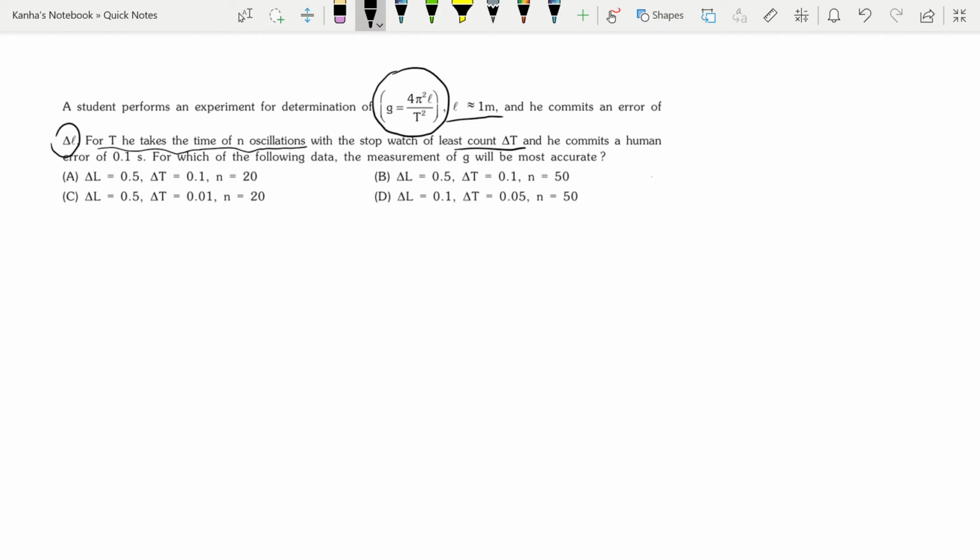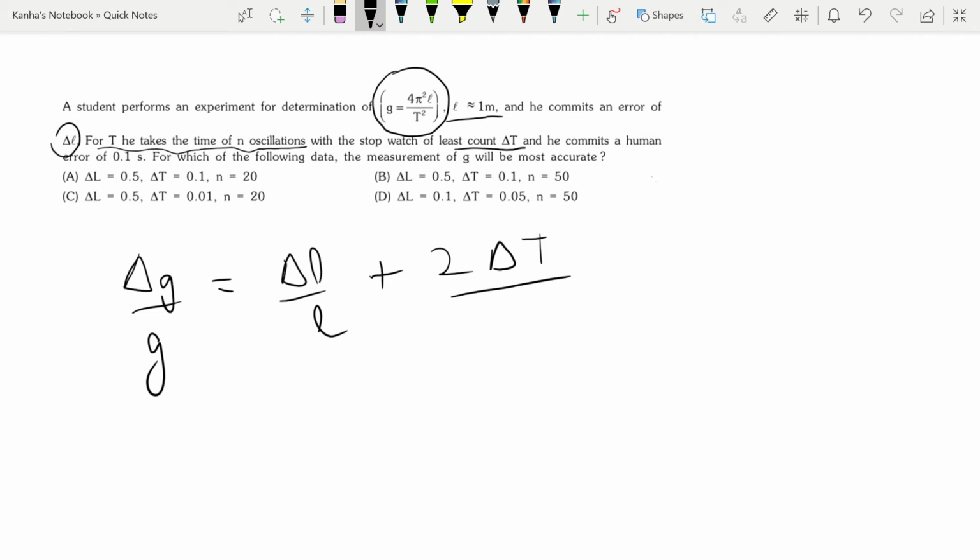Okay, so a normal student will try to apply all the values to the formula and then see which one is giving the most accurate value, but there is a loophole around it, and we will see it here. So let's first write what delta g by g will look like. Delta g by g from the formula will look like delta L by L plus 2 times delta t divided by, now note here that you will have a value n in the denominator.